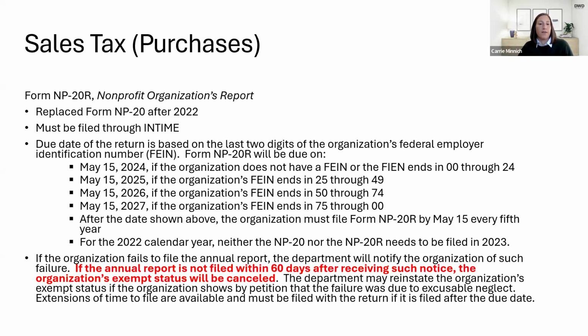If your annual report is not filed within 60 days after the due date, then the organization's exempt status for sales tax in Indiana will be canceled. So this is something that you want to make sure that you do file because being exempt from sales tax is a nice benefit that nonprofits have. So just making sure that you are filing those going forward.